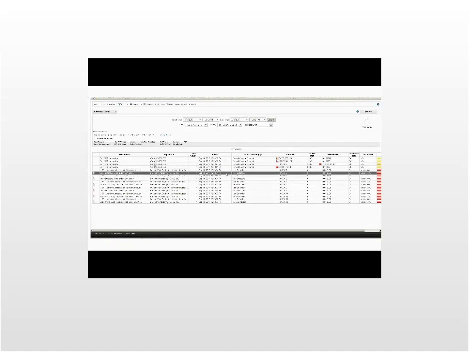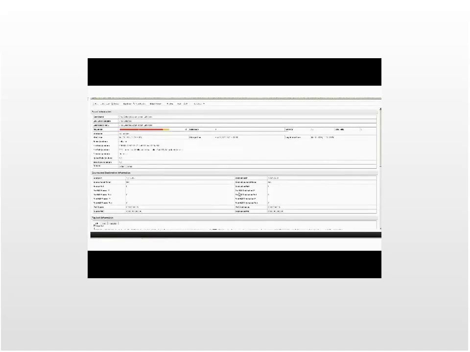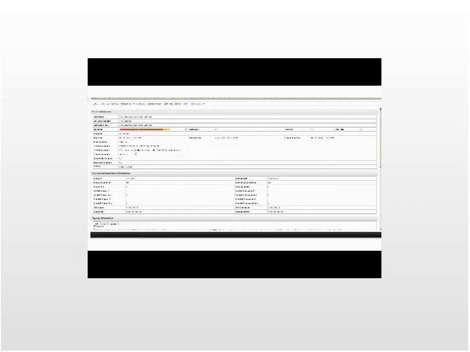If I go into one of these events, the analyst will see details about maybe the hash file, maybe the actual file that was affected as a virus.